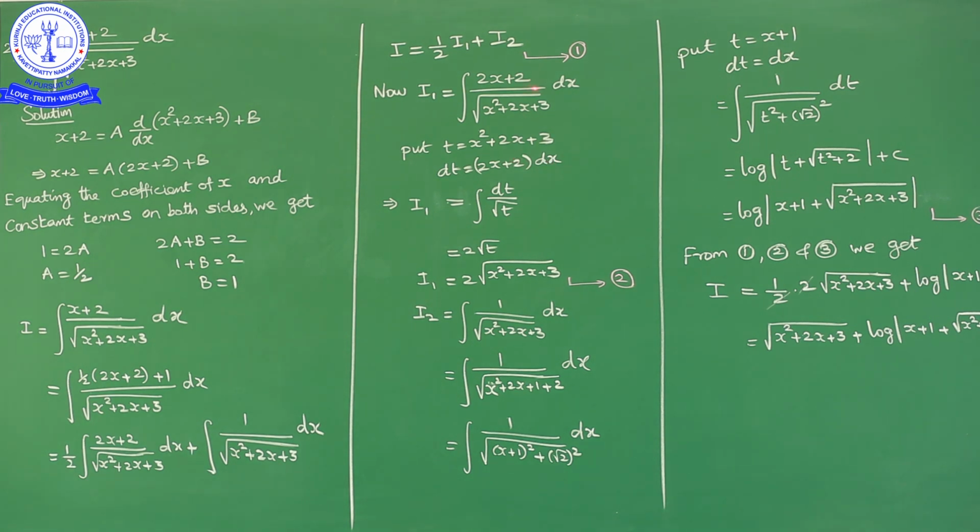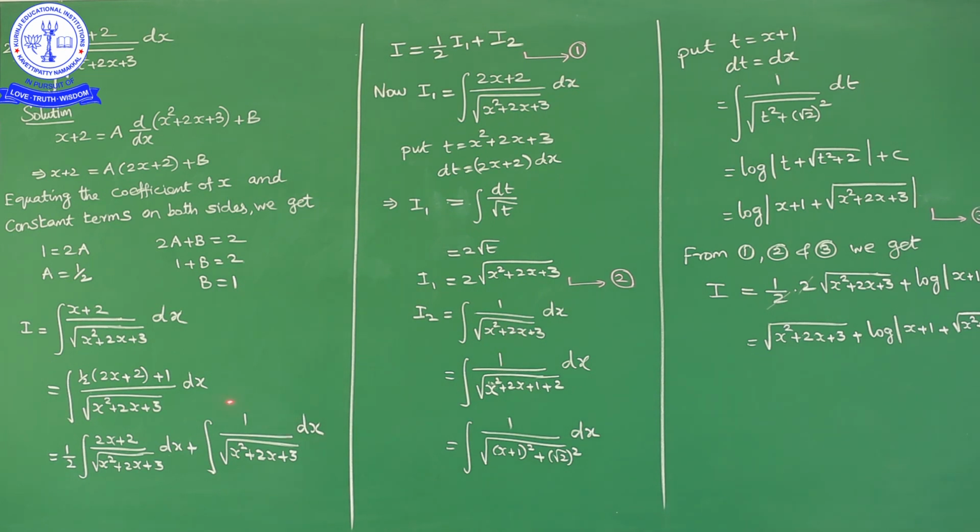So in the numerator, (2x plus 2) dx, what can we write now? dt. So I1 reduces to integral of 1 upon square root of t dt. Now the integration of 1 upon square root of t is 2 root t. So I1 is equal to 2 into square root of x square plus 2x plus 3. This is I1. Mark this one as 2.